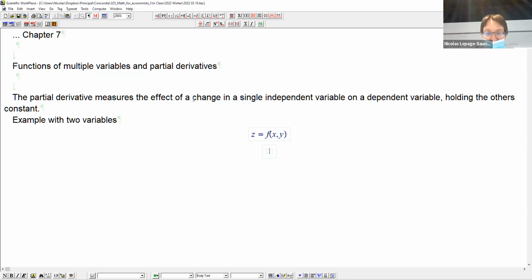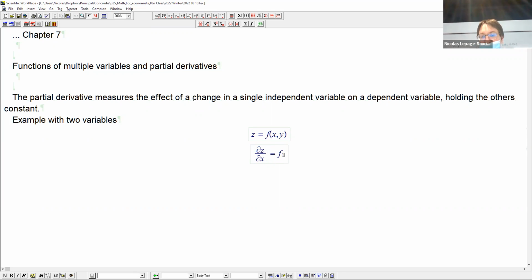I show it this way: dz/dx. And if you think my d looks strange, well, it's because it is strange. That's what we use when we deal with partial derivatives. So remember that.